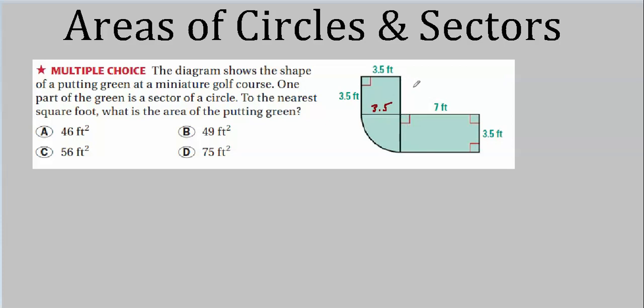The next 90 degrees would give you 3/4 of it, and you'd finish it off with 4/4. So this is 3.5 squared times pi divided by 4. So the area for the circle is pi times 3.5 squared.